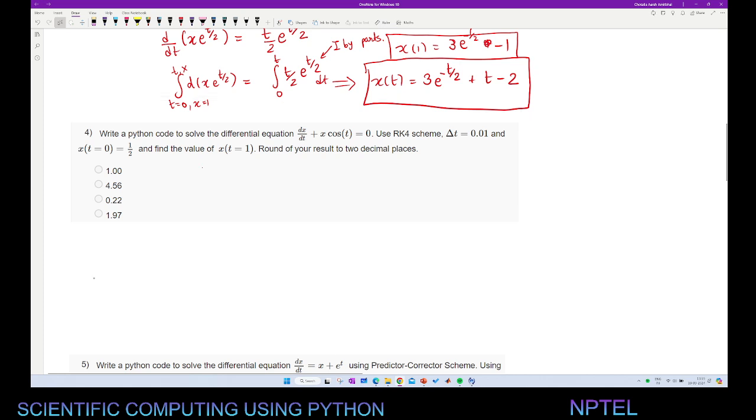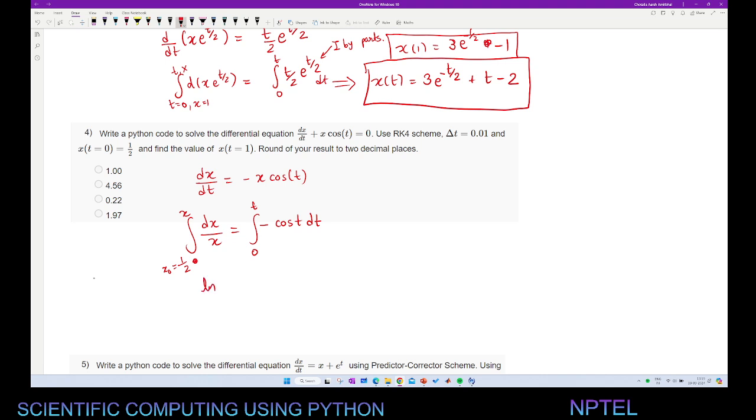Similarly for this one, this is easier because you can separate the variables, right? So dx by x is minus cos t dt. So now just integrate from, so x is from half, right? It starts from half to x, and let's call this x0, and this is from 0 to t.